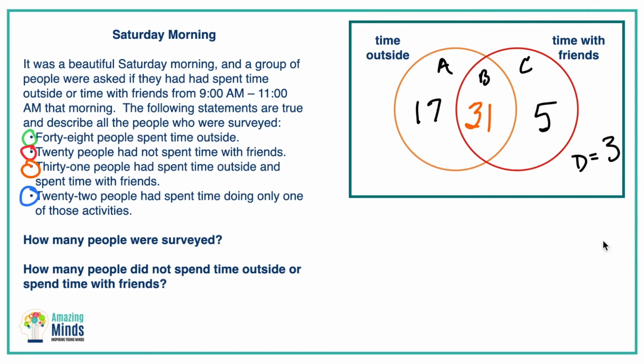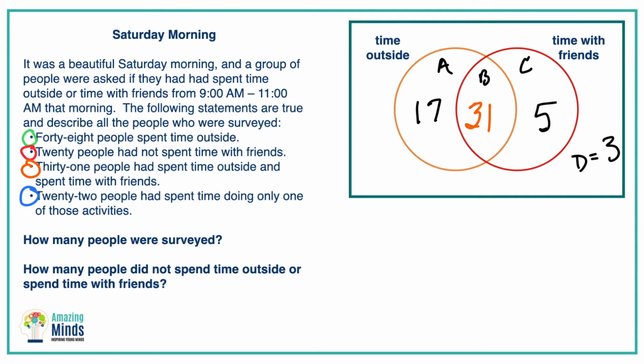I erased my work to give myself some space, but how would you determine the number of people who were surveyed? And if you need to, go back and do a visual Venn diagram and look at the number of pieces in the puzzle, or go back to your class example and look at the number of people in the class. And hopefully students will begin to see you just add all of the sections because everyone is represented somewhere.